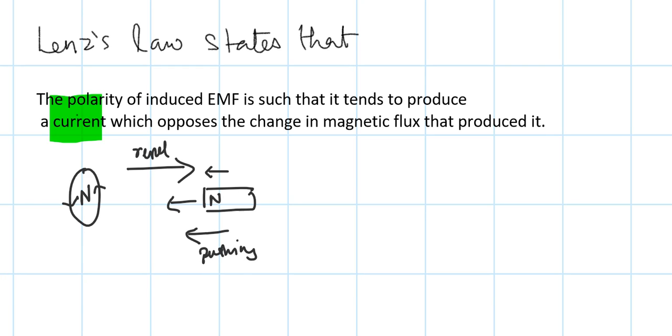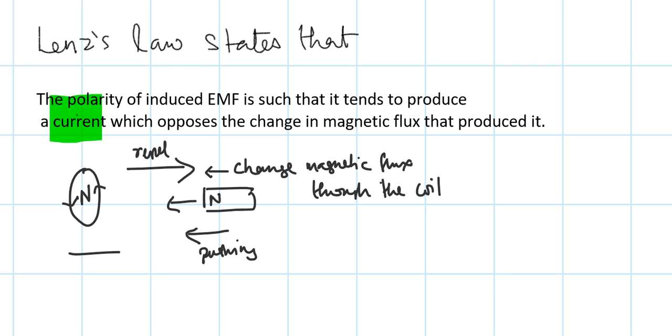Okay, what are you doing by pushing? You are trying to change the magnetic flux through the coil, but the coil is trying to repel you back, which means the coil is trying to prevent that change of flux, because it does not want to be changed.